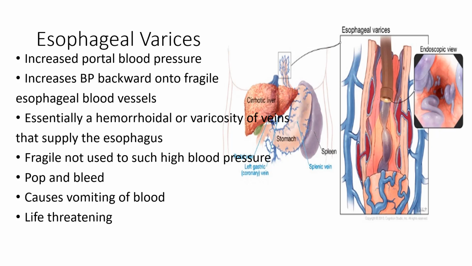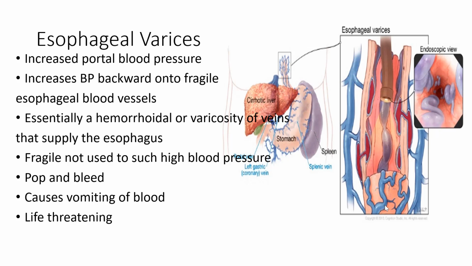Also, when you have backup in the portal system, the portal blood pressure increases in the portal circulation, which causes a backup in the venous system that feeds the heart, the inferior vena cava, and there are these arteries and veins that provide nutrients and sustain the esophagus, and they're like varicosities in your legs, exactly the same thing.